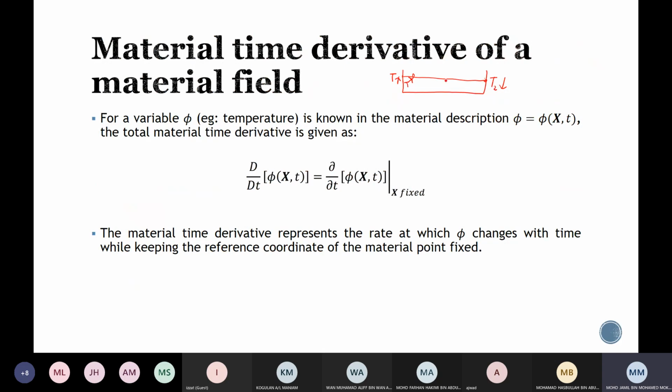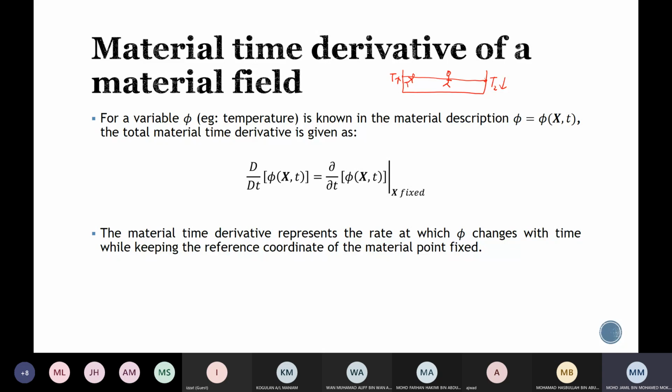What happens if you stay in the middle of the swimming pool, and then let's say the temperature at this point here changes because of the external environment or the water is getting cooler. So you are not moving, you're fixed at a point at the location, but the temperature is changing, okay, at that position. So there are two ways the temperature is changing.